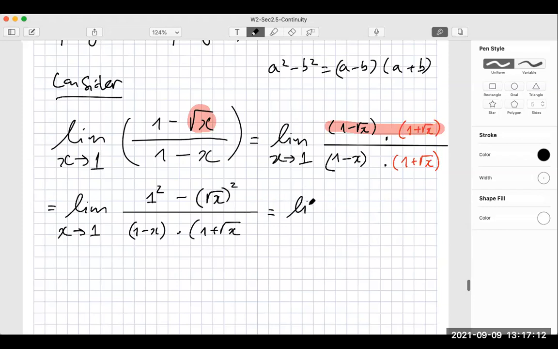We don't have to distribute the bottom, right? Just leave it this way. And what is it in the numerator? 1 minus x. Good job.